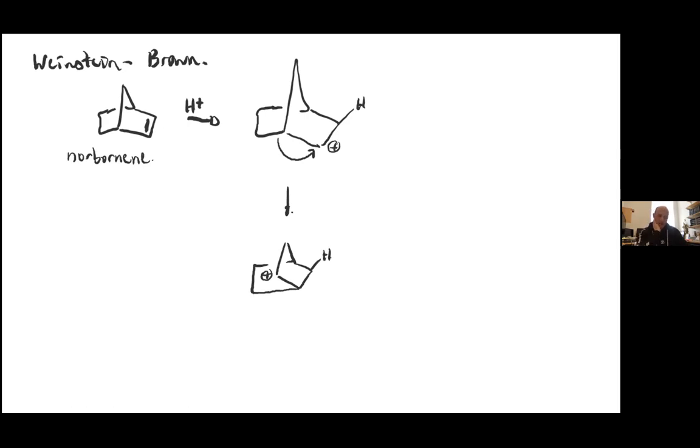Okay. And there's a transition state for this 1-2 shift that I'm not going to draw orbitals for, but maybe I'll just draw it as partial bonds.